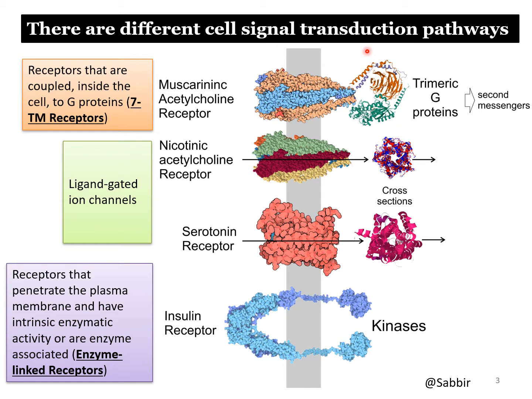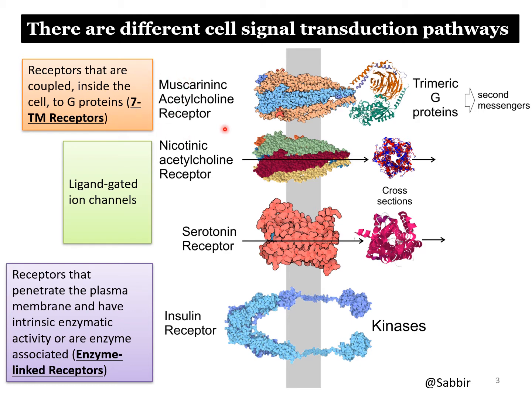And the receptors that initiate these biochemical changes may do so by activating intracellular messenger molecules, or by alteration in the cell membrane potential by the movement of ions in or out of the cell, or directly via intrinsic enzymatic activities within the receptor. So based on these properties, the signal transduction receptors are categorized into three major classes. Number one is receptors that are coupled inside the cell to G proteins, and these are called 7 transmembrane receptors.